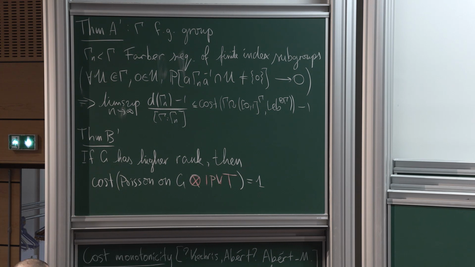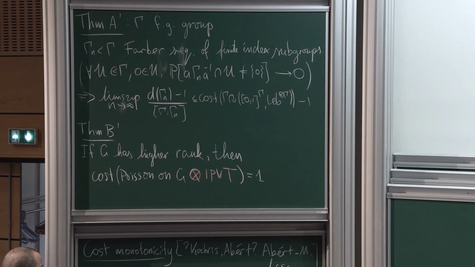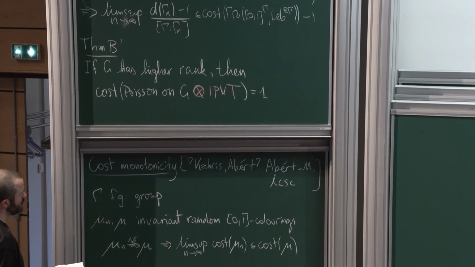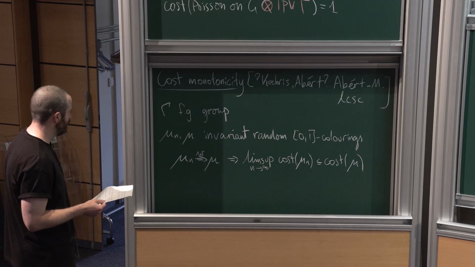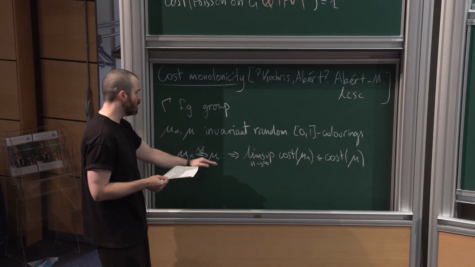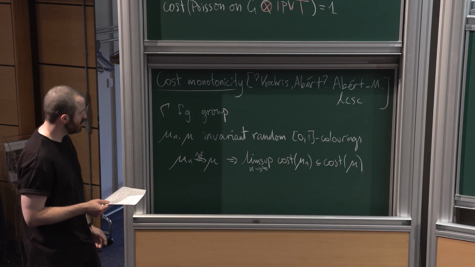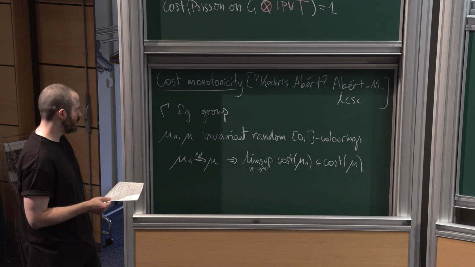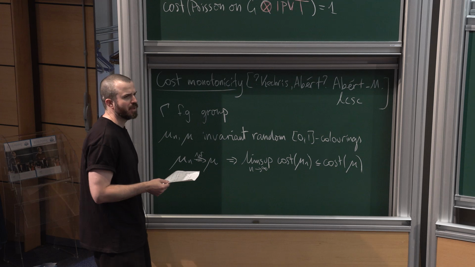So what does this theorem state? So the setting is that we're looking at some finitely generated group. And then we're going to take a sequence of invariant random colorings. So I spoke a lot about these yesterday. And our assumption is that this sequence of colorings weakly converges. Okay, so I'll remind you of weak convergence momentarily. But what is the conclusion? The conclusion is that the lim sup of the cost of this sequence is at most the cost of the limit.